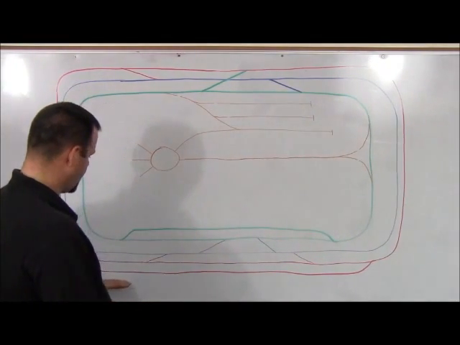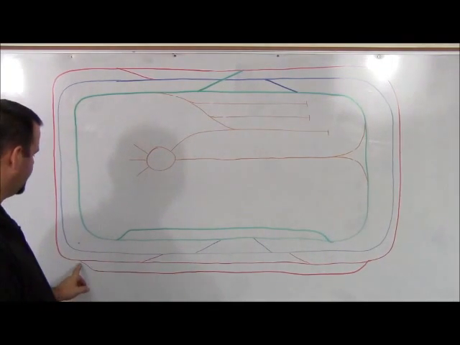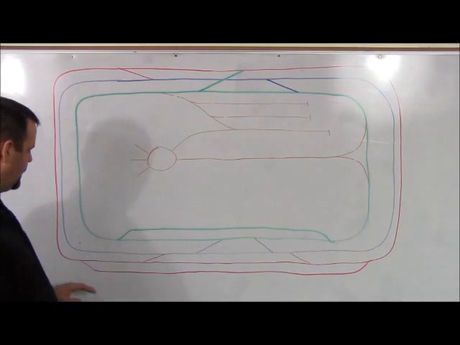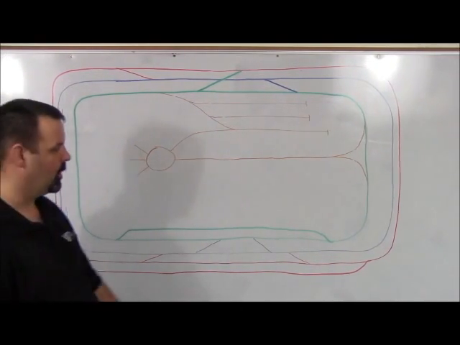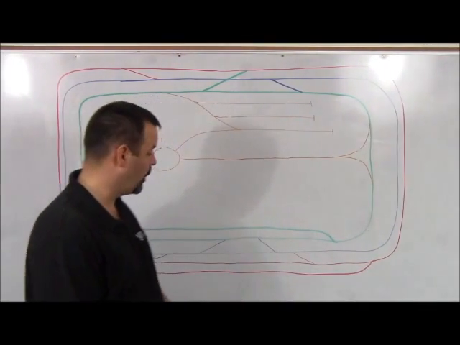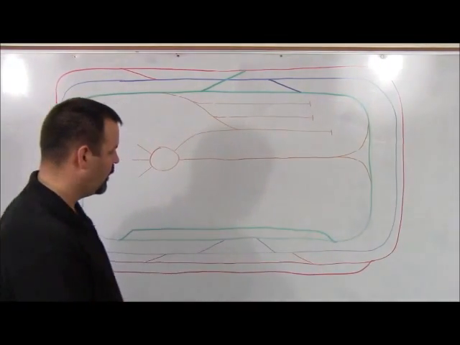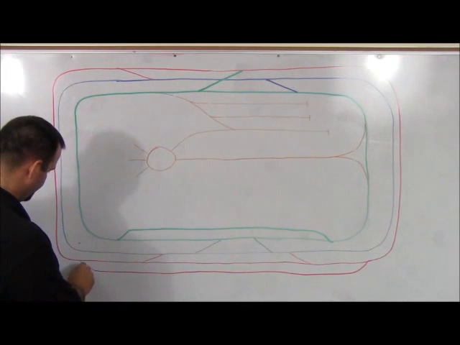For instance, on our passing siding here on the bottom, we have 2 switches where we enter the siding. It's highly unlikely that this switch will be thrown when this switch is not. So we can assume that these 2 switches will count for 1. So we'll number those number 1.